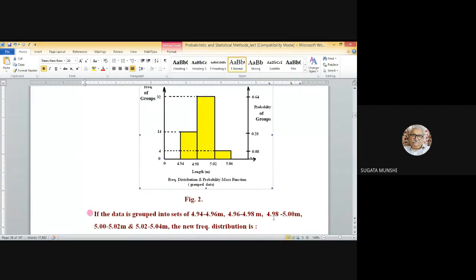0.28 is the probability of occurrence of any member of the first group. 0.64 is the probability of occurrence of any member of the second group. And 0.08 is the probability of occurrence of any member of the third group. See, the probability values add up to 1.